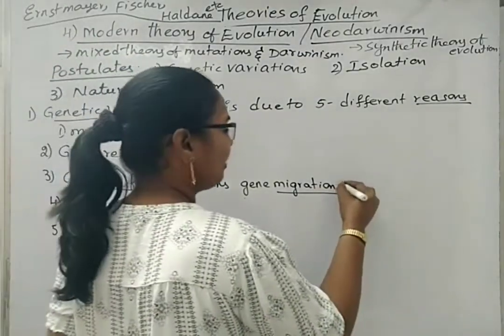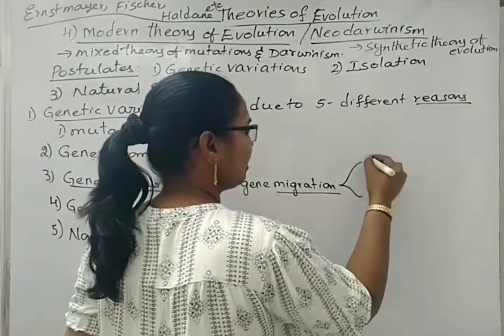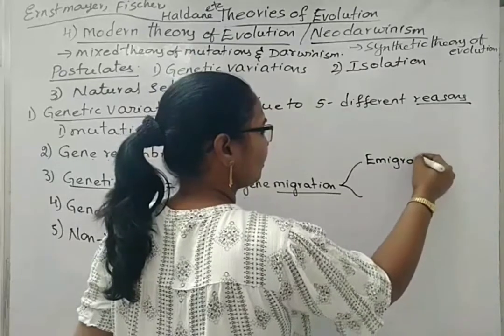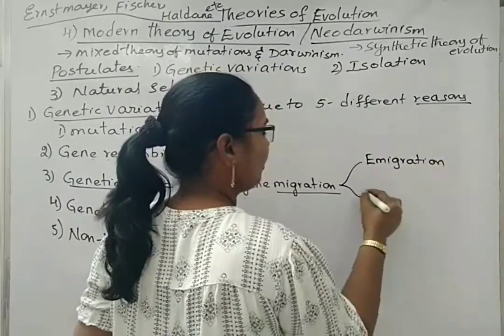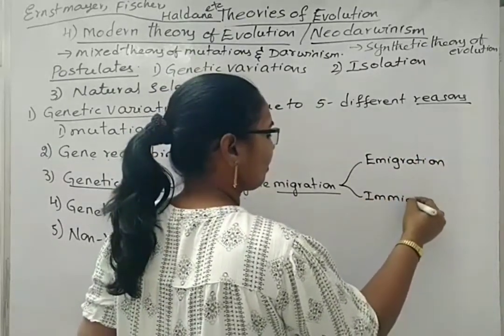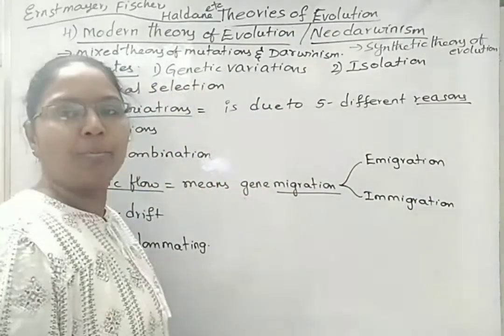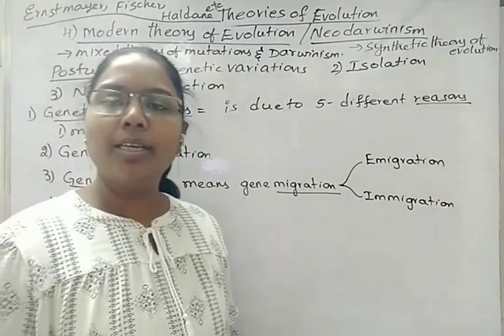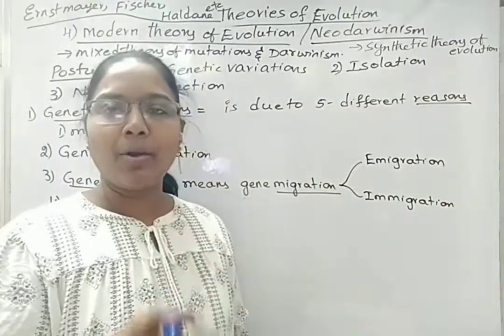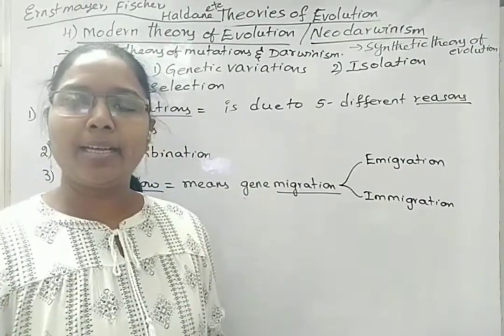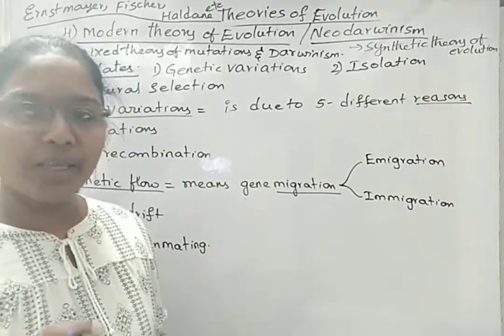So, genetic migration is of two types, that is emigration and immigration. For suppose from a population, if a particular number of organisms have gone out of that population, that is explained under emigration.